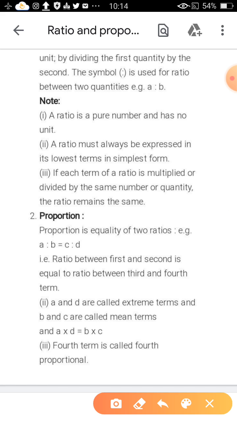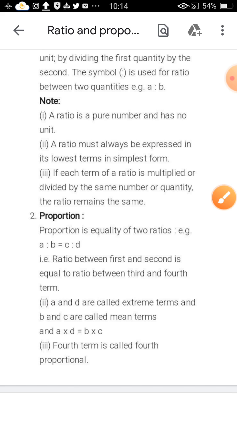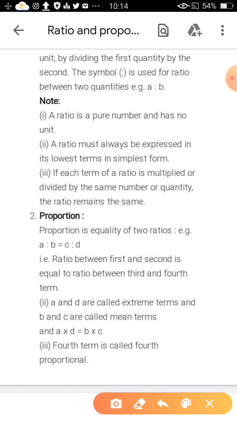Now a and d are called the extreme terms. See, these are the extreme terms. And b and c, see, are the middle terms. These b and c are called the mean terms.